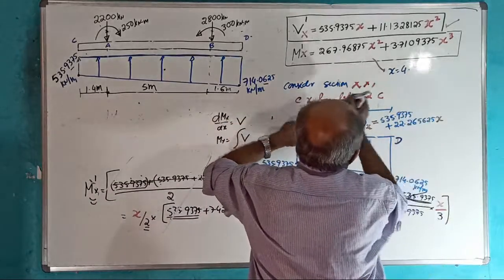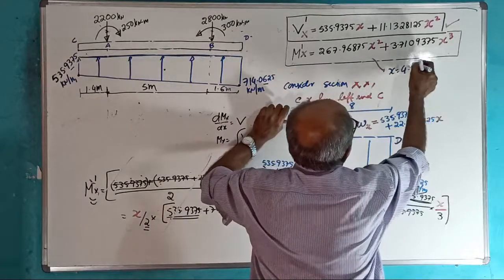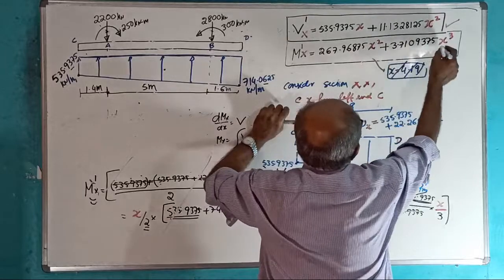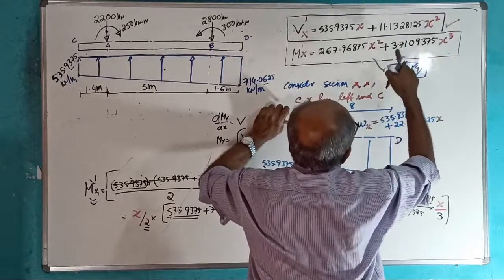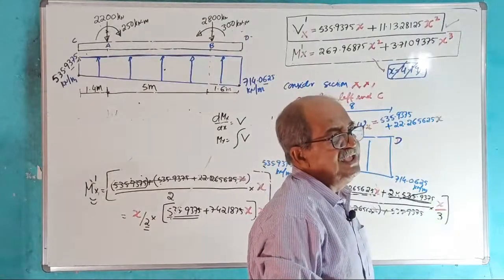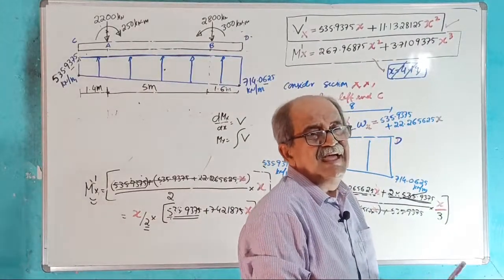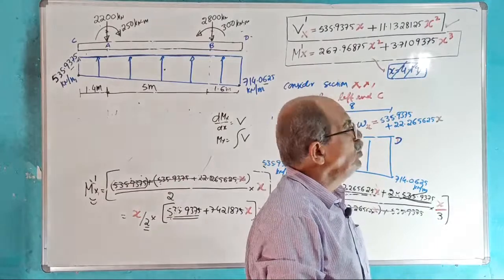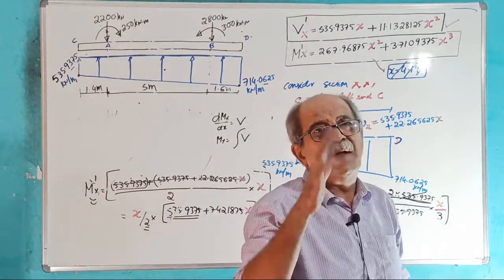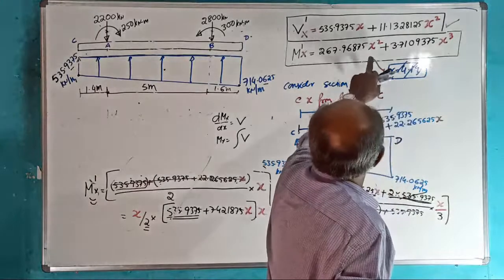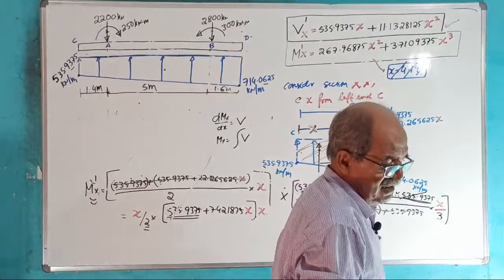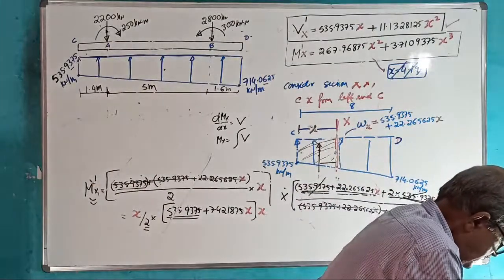You do not ask me why I am doing it. You do not need this, just for fun. In this equation, substitute x equal to 4.19 meter. Tell me the answer. Just for jolly purposes. Don't ask me, sir, what is that number? No, my own personal number. What do you get?